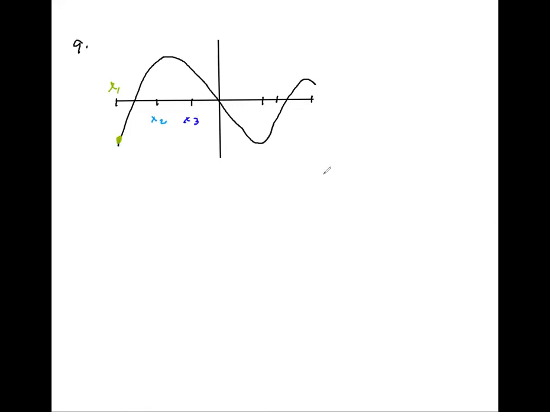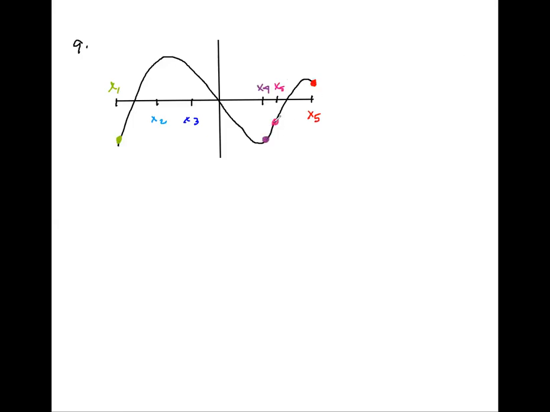And this question is asking us to find several things, including where f of x is the greatest, where f of x is the least, and then where f prime of x is the greatest, and where f prime of x is the least. And I should have marked these points. Okay.